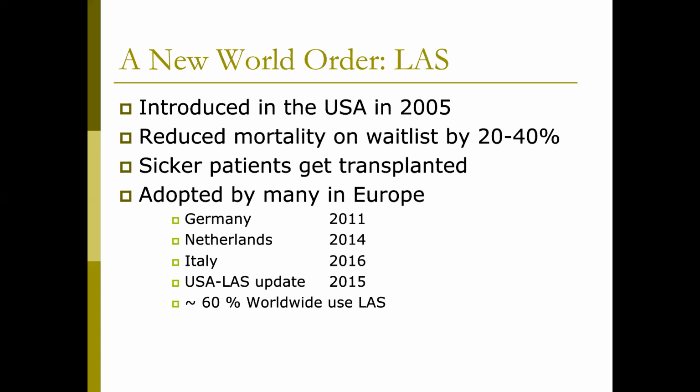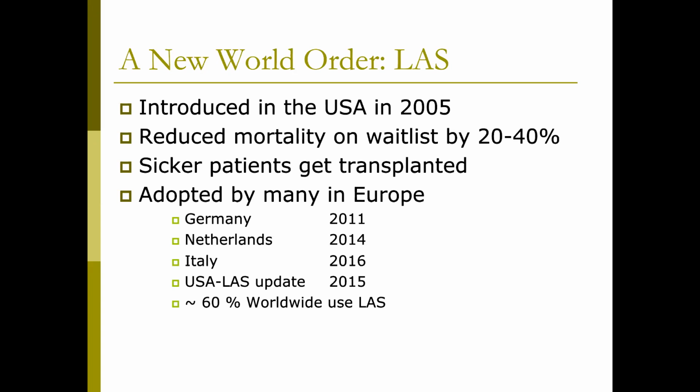So I'm not getting into a compare and contrast of what we did in 2005 versus what we were doing in 2015. The idea is that the change to LAS, to lung allocation score, changed the landscape of patients getting transplanted in the past to patients with IPF getting transplanted now.